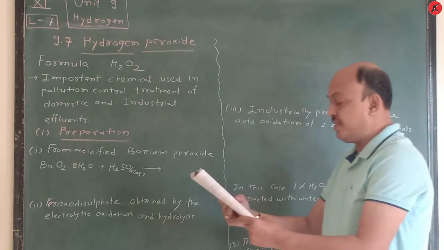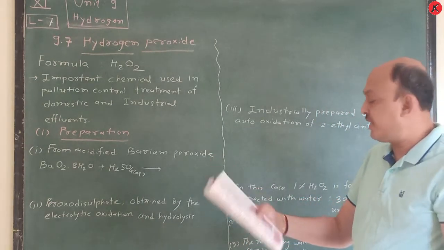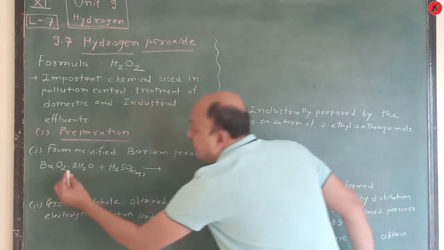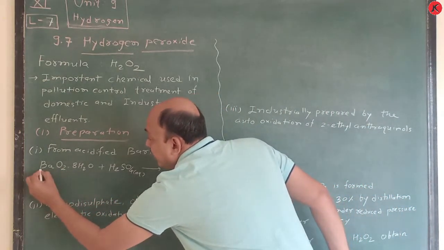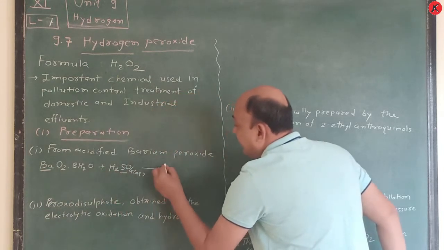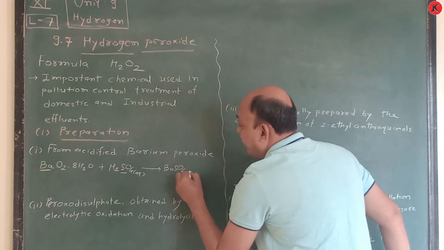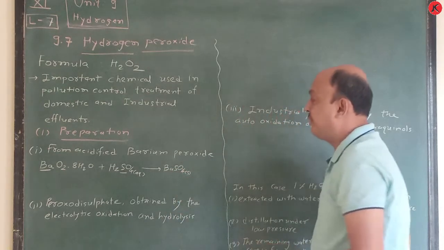So, acidified barium peroxide, removing excess water, gives hydrogen peroxide. Here the Ba and the SO4 combine, and BaSO4 solid is released.